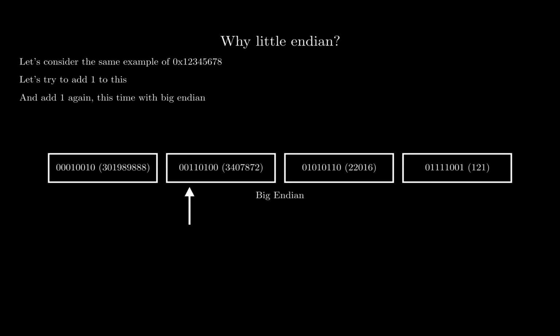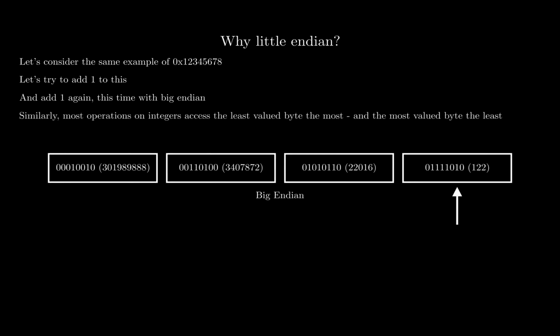You have to go all the way over to the end and then take it up, add 1 and put it back, right? So most operations you perform on integers are going to affect the least significant byte the most and vice versa. That'll make sense once you think about it. Like most operations you do are going to just affect the smaller values more. Right? So that's why most modern systems use little endian. And that concludes this video.